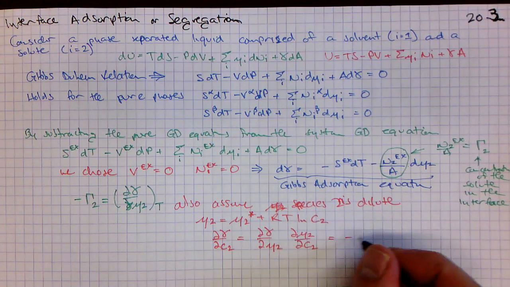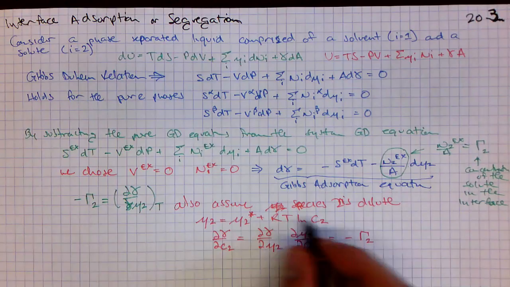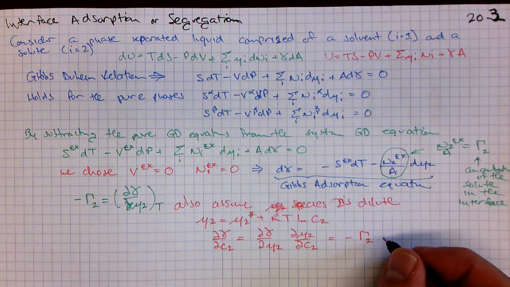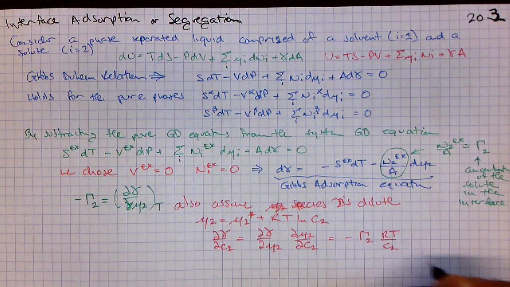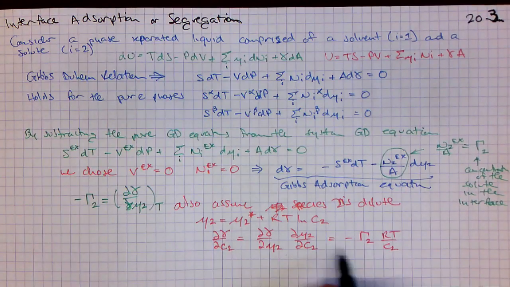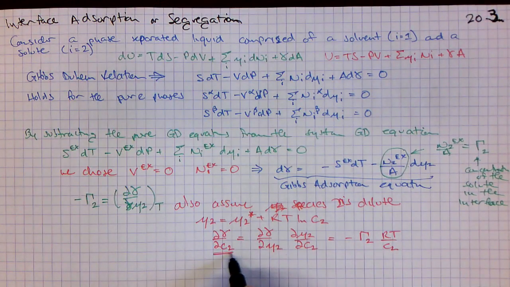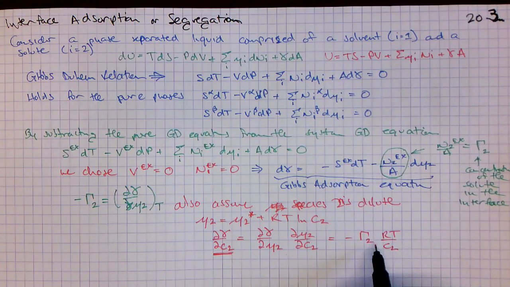So that would be minus gamma_2 times d mu_2 dC_2, which would be RT over C_2. Right? So we can relate the derivative of the surface energy with respect to the concentration of the solute to the concentration of the solute in the interface.